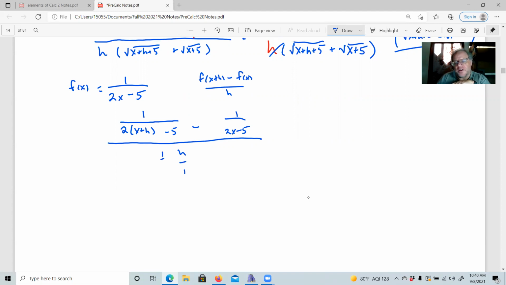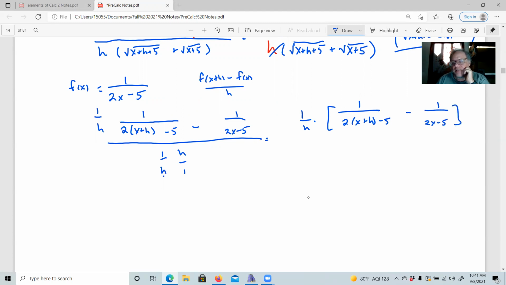First thing I'm going to show you, like how to use up a bunch of paper, and that's to just go through and make this a little bit shorter. So this is 1 over h times 1 over 2x plus h minus 5 minus 1 over 2x minus 5.